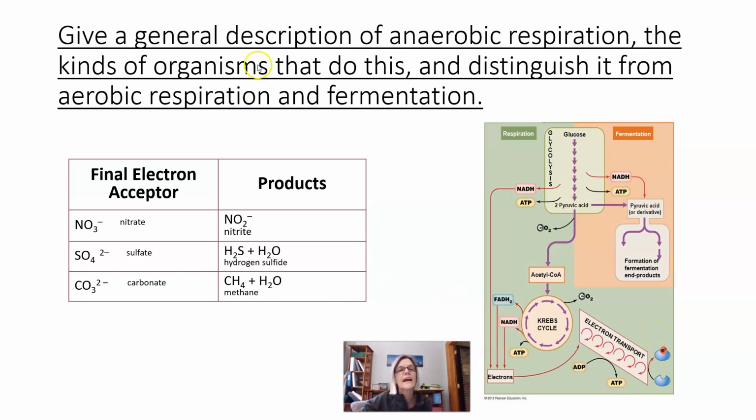So anaerobic respiration is very similar to aerobic cellular respiration, with this main exception: the final electron acceptor is something other than oxygen. The other thing I want to tell you is there are a little bit of differences in the Krebs cycle and electron transport chain, so you end up getting less ATP anaerobically, even when you're using anaerobic respiration.